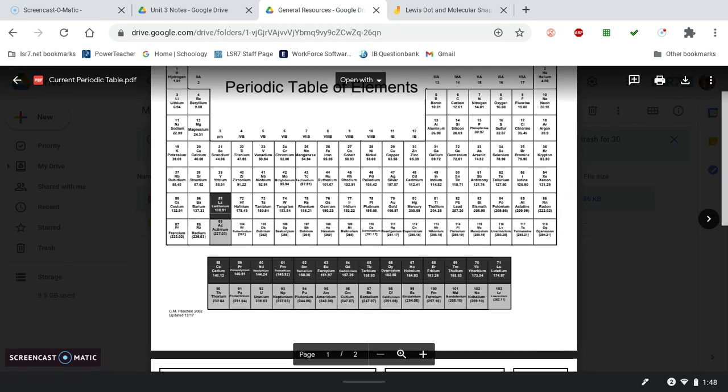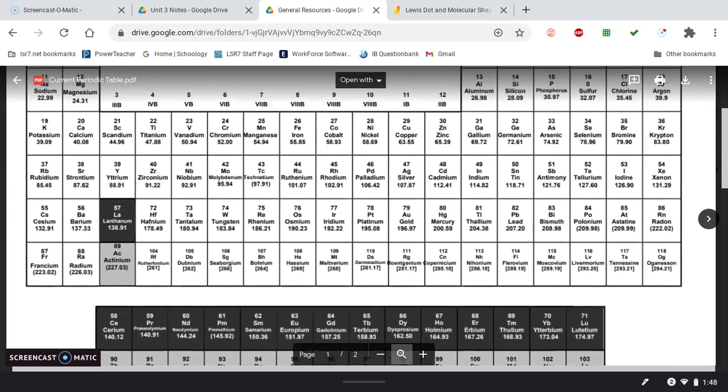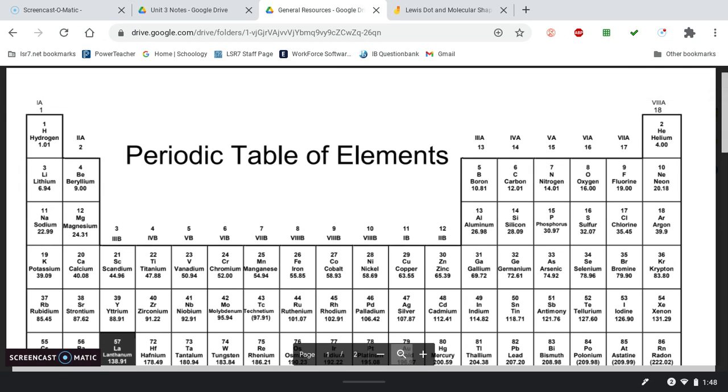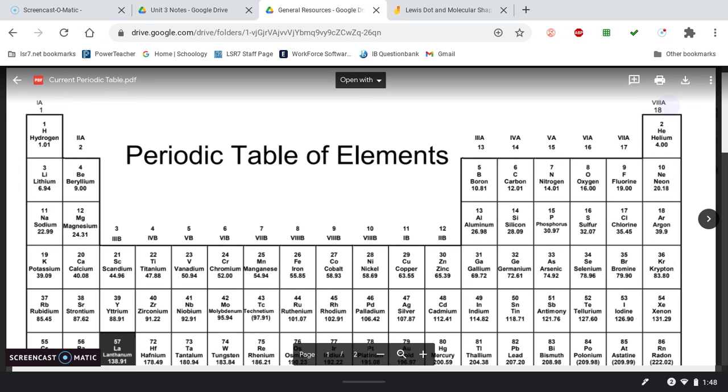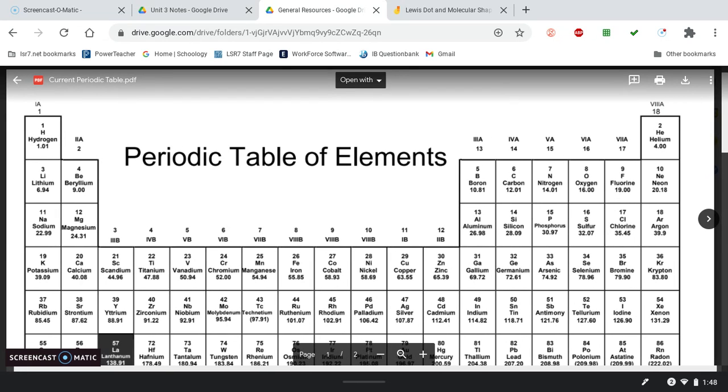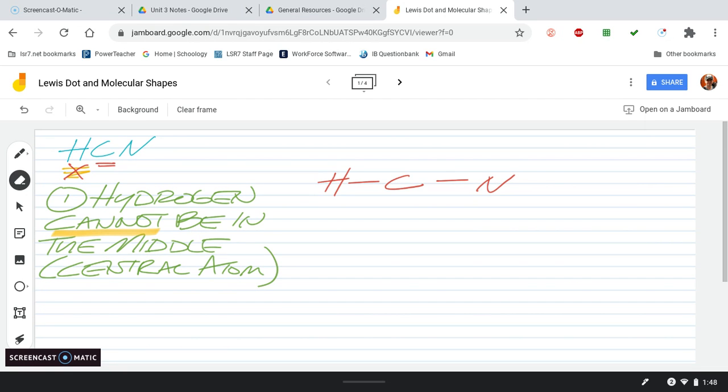The noble gases are in column 8A, and that means that they have 8 valence electrons. So over there in 8A, 8 valence electrons. That's what everybody else wants to be. Everybody else wants to be a noble gas.